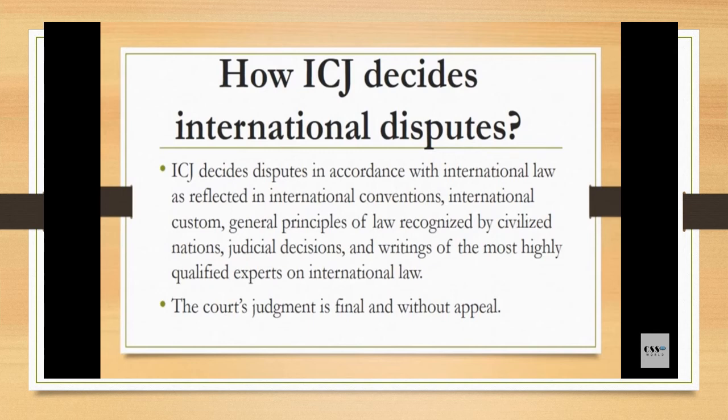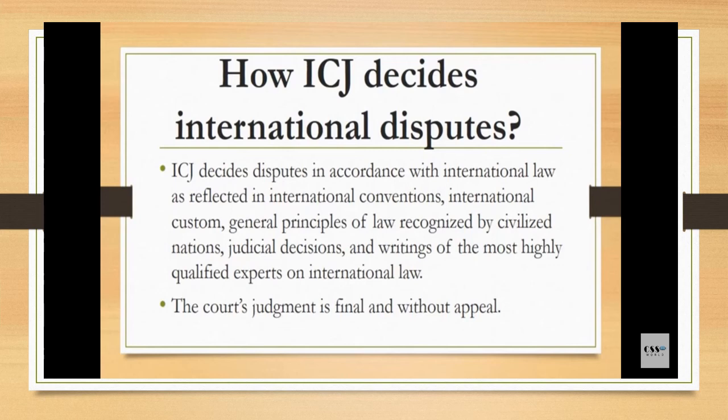Then there are some general principles of law which are recognized by the civilized nations. Then there are some previous judicial decisions, on the basis of which the court can decide further cases. Then there are writings of scholars who write books, articles or journals on international law, so the court can take reference from those as well.